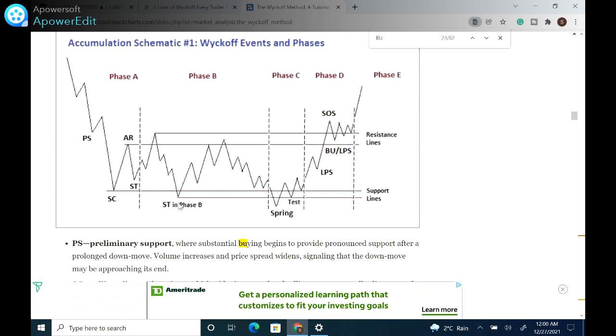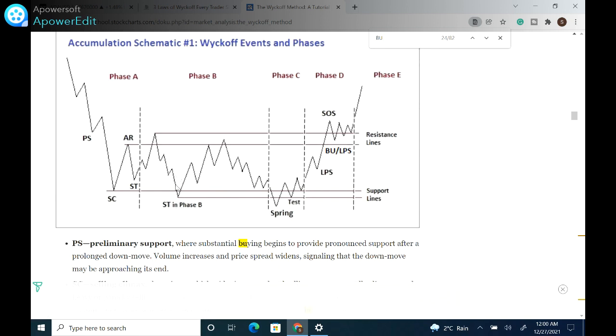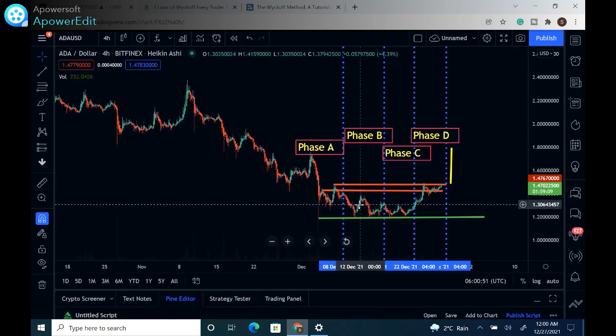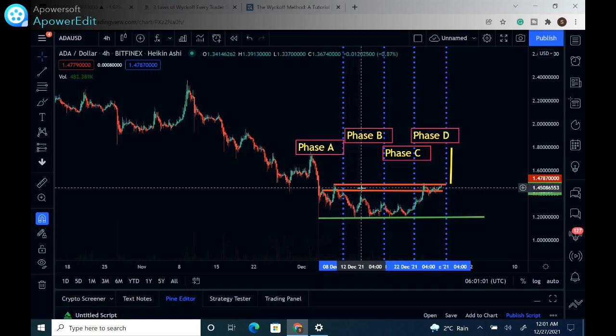Here we have seen multiple secondary tests in the case of Cardano. You can see the multiple secondary tests of Cardano in phase B, as well as the upthrust actions in the upper end of the range.